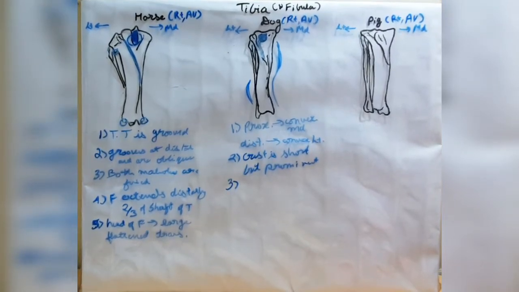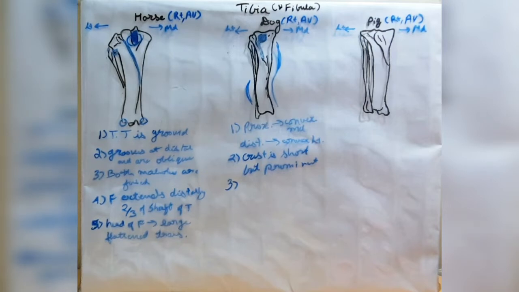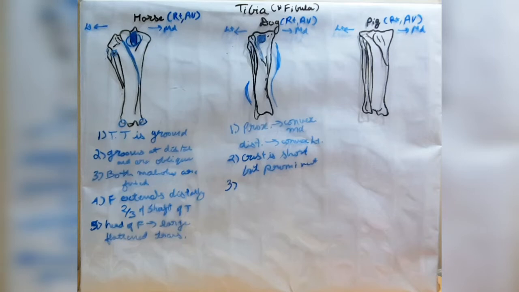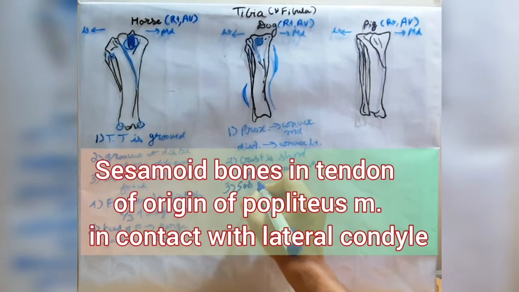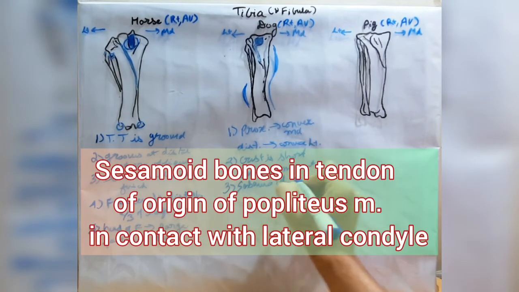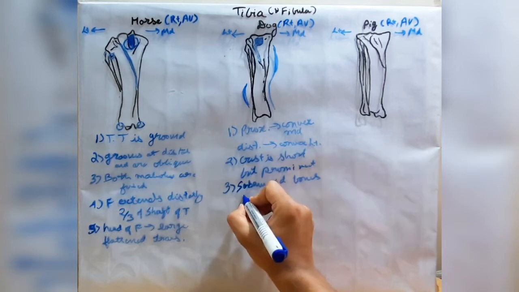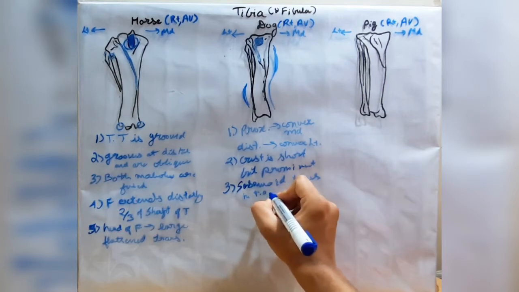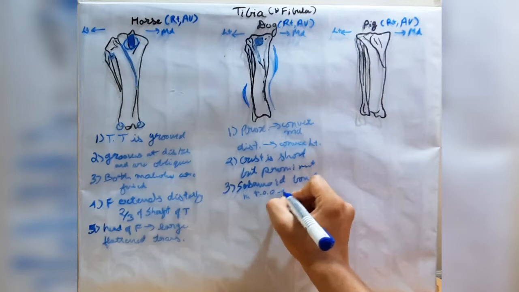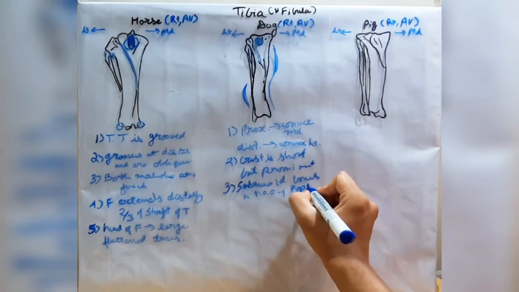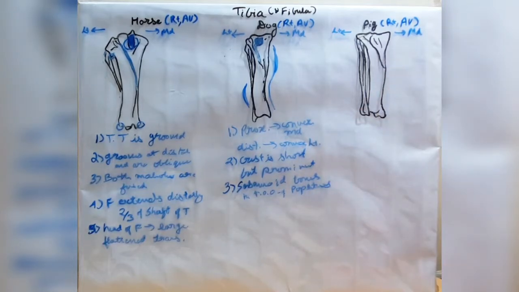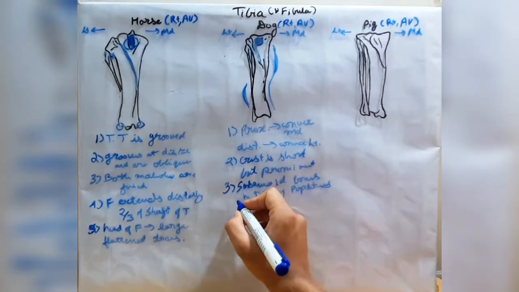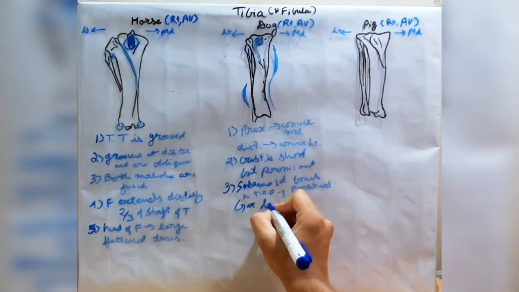Now the fourth point, it is also very important, is that there are small sesamoid bones in the tendon of origin of popliteus muscle. Okay, so sesamoid bones in tendon of origin of popliteus, which is in contact with the lateral condyle.